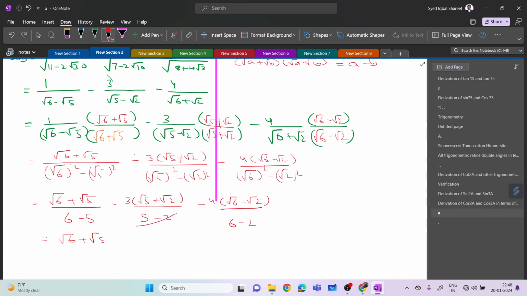Minus 3 into root 5 plus root 2; minus is there, so it should be plus. 5 minus 2 is 3, these 3 are getting cancelled, leaving minus root 5 plus root 2. And 6 minus 2 is 4, this is getting cancelled, leaving minus root 6 plus root 2.